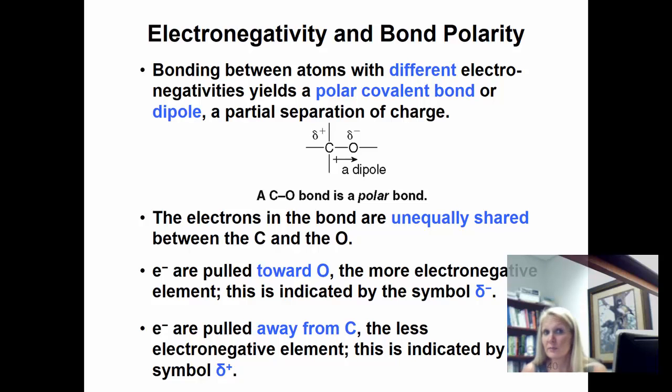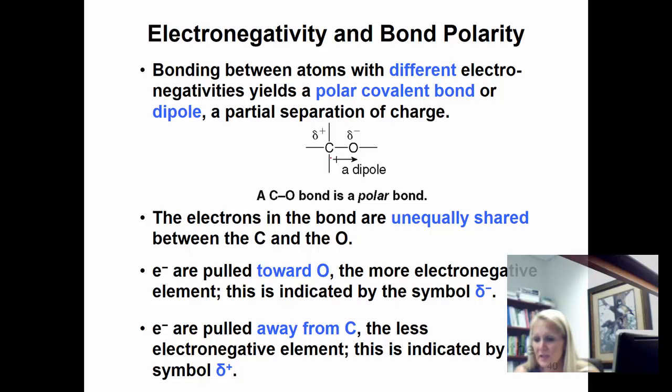You might already have guessed it, but we have nonpolar bonds and we have polar bonds. If you have two atoms with a difference in electronegativity, then these are considered to be polar bonds, and we call them polar covalent bonds.